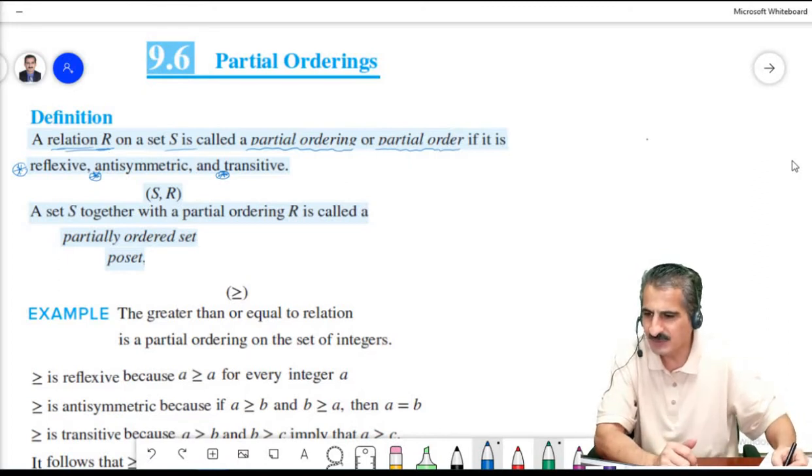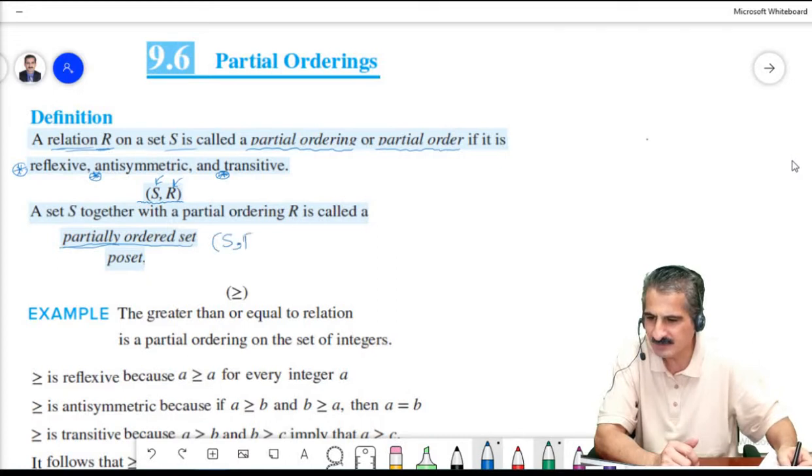Okay, so this is how we denote a partial order on a set S. R is the partial order and S is the set. Now S together with a partial order is called a partially ordered set. And this is the notation again. It is (S, R), where S is the set and R is the relation.